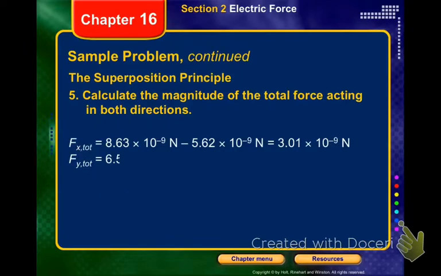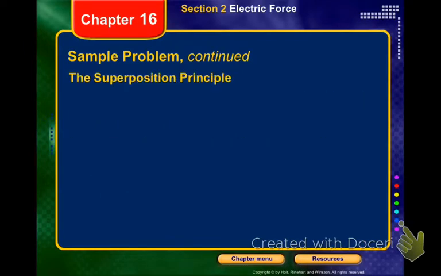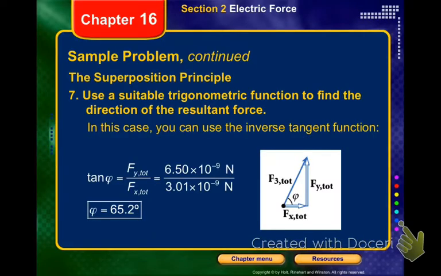They also find theta for you there. If we're trying to find direction, we've got a new angle. It's Fy over Fx. They're using the tangent function, and they find that your new angle is 65.2 degrees. So we weren't working with a 90-degree angle. Make sure you find angle 2.